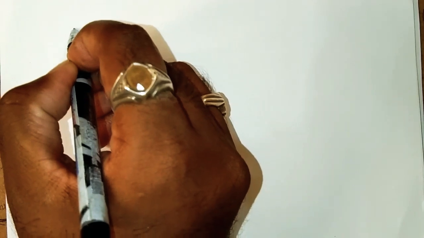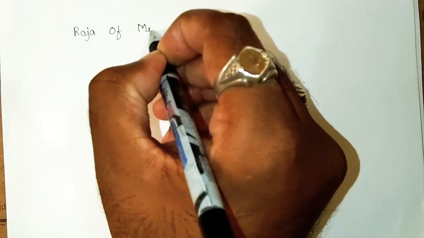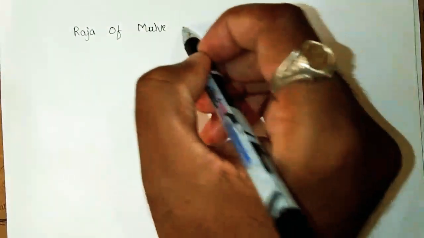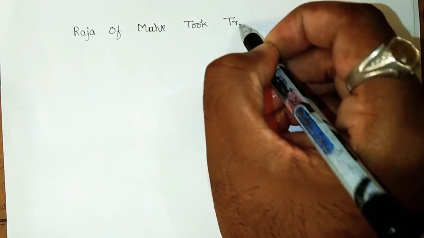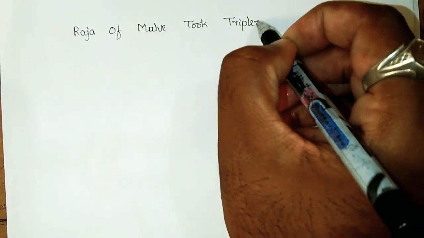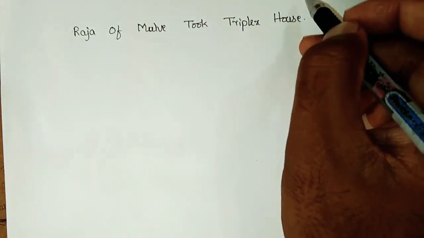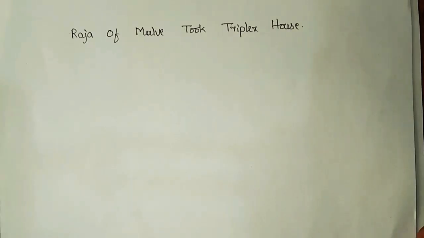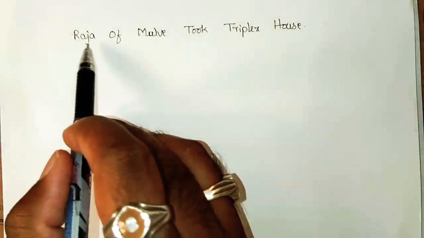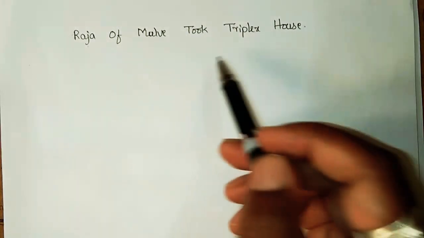You just remember this: Raja of Malwa took triplex house. Raja is a very worthy person, right? So he has the capability to purchase a triplex house.